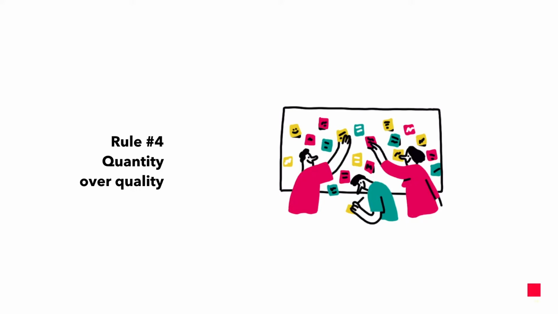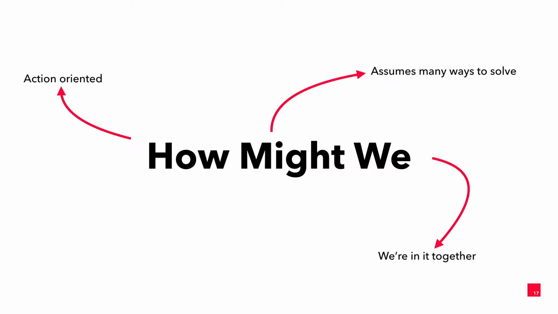Last rule, go for quantity over quality. You want to get out as many ideas as possible, so we'll worry about selecting the better ideas later on. Like I've explained earlier, we'll assume for this webinar that we'll already have gone through problem exploration and that we'll have found a problem worth solving. When we found that, we typically like to frame that challenge as a how might we statement.